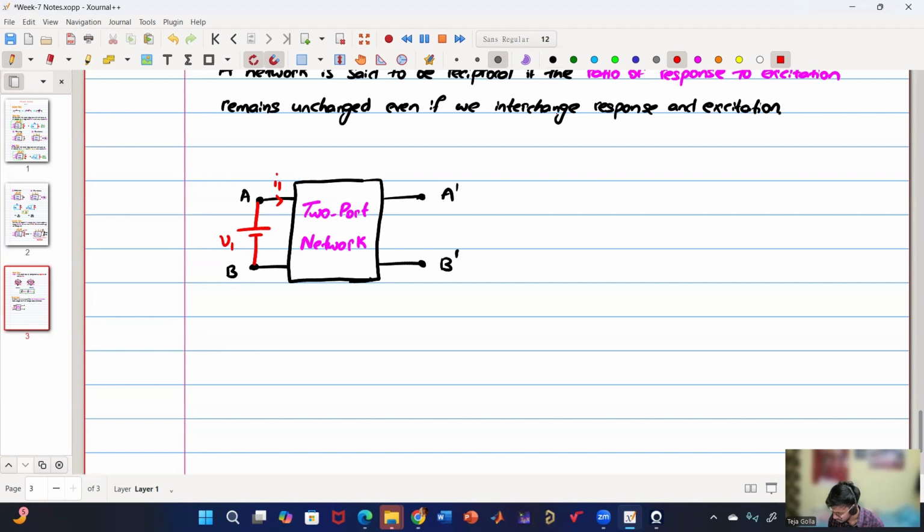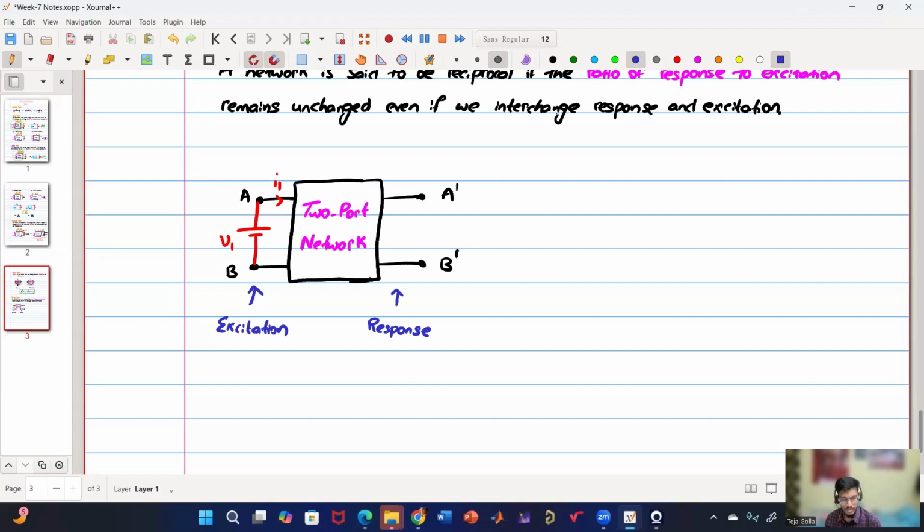This is called excitation, and this is called response, because we are exciting it at one terminal and at the other terminal we are seeing the response. So this automatically becomes the excitation, which is the input port, and the other port becomes the response, because that is the output port.